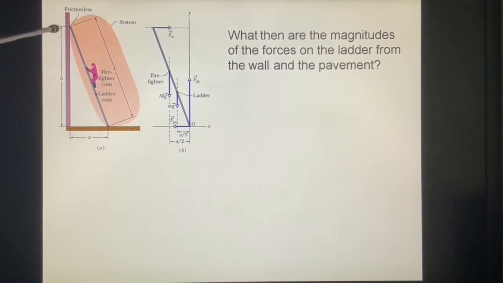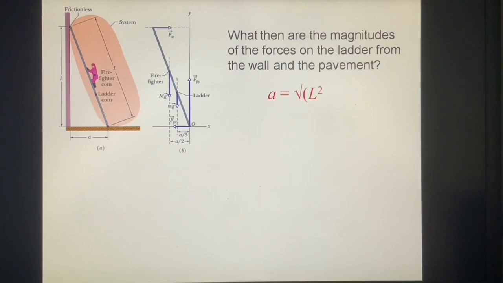So the force acting on the ladder by this wall is perpendicular to the wall because no friction, no force along the wall, the vertical wall. And at the bottom there is friction. It has friction. So it has horizontal friction and vertical normal force and so on. So that's the difference. Okay?